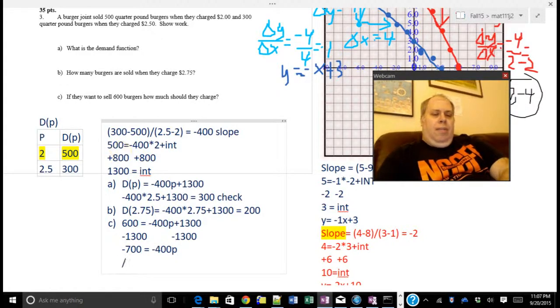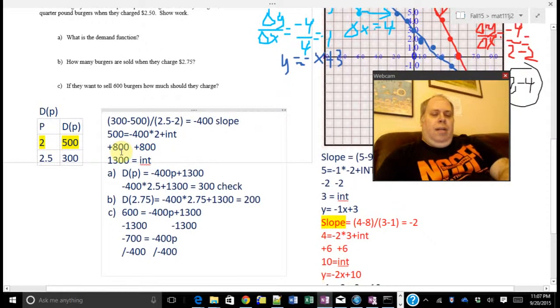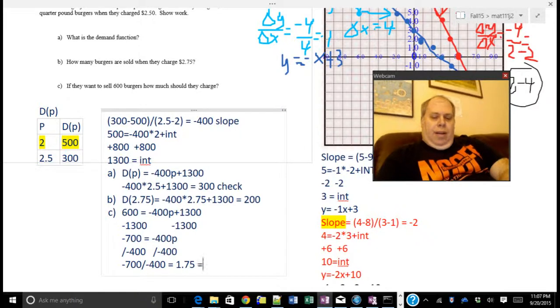Now we're going to divide both sides by negative 400. And we get negative 700 divided by negative 400, which equals $1.75 is P. And that's the answer.